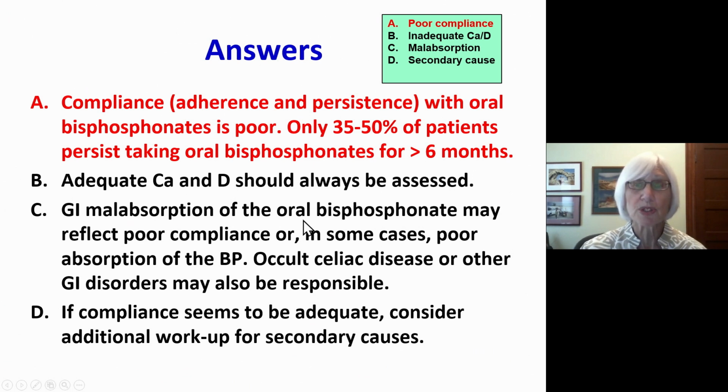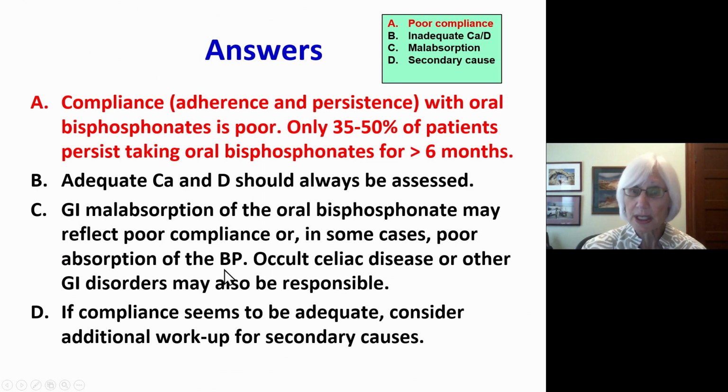GI malabsorption of oral bisphosphonate may reflect the fact that they're taking the bisphosphonate with food or with other pills or with calcium. Or in some cases I've seen the patient actually takes the bisphosphonate correctly, but does not absorb it well. Occult celiac disease may be happening, or another GI disorder can be responsible.